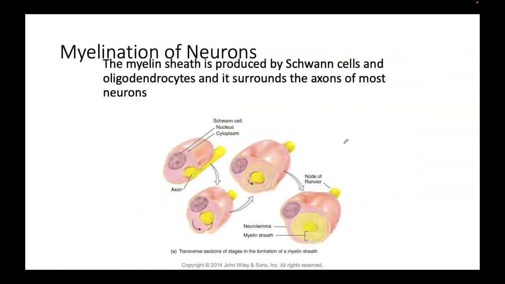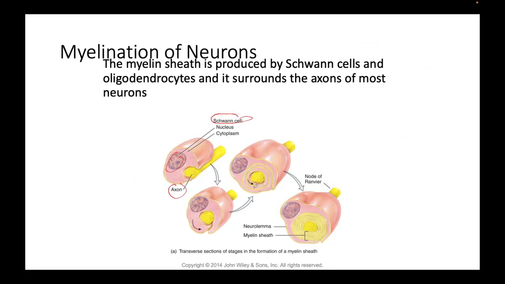So here is what myelination looks like. We see that we have the axon, which is the yellow in the middle. Here is a Schwann cell, and you can see that the Schwann cell with the nucleus is engulfing the axon, and it just kind of makes a circle around it.